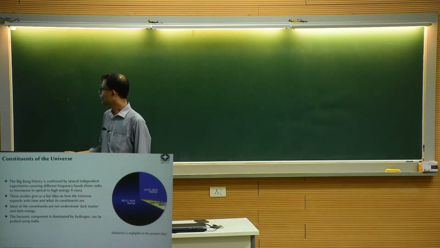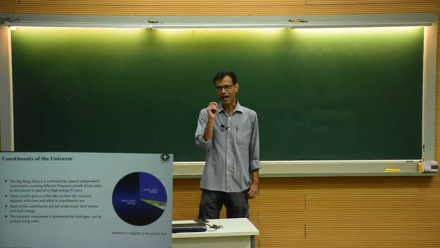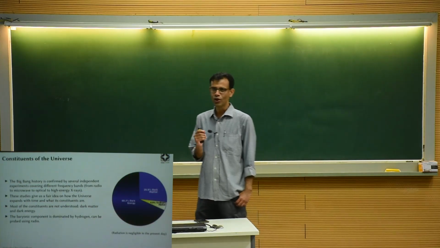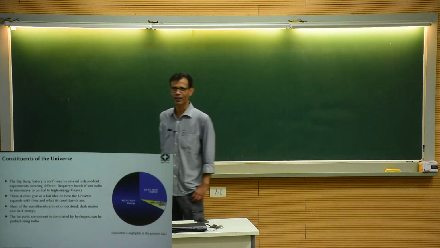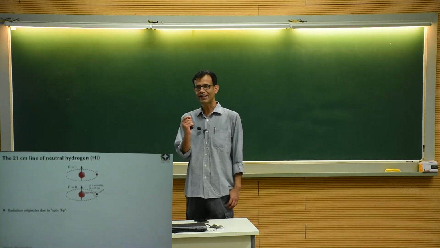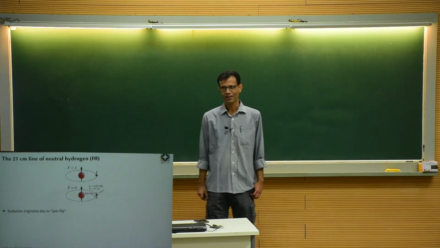The baryonic component, interestingly, is dominated by hydrogen. And hydrogen, again, is something which can be probed using radio. I don't know, maybe people are already doing some experiments for this. So basically, this hydrogen is very well probed by the 21 centimeter line.